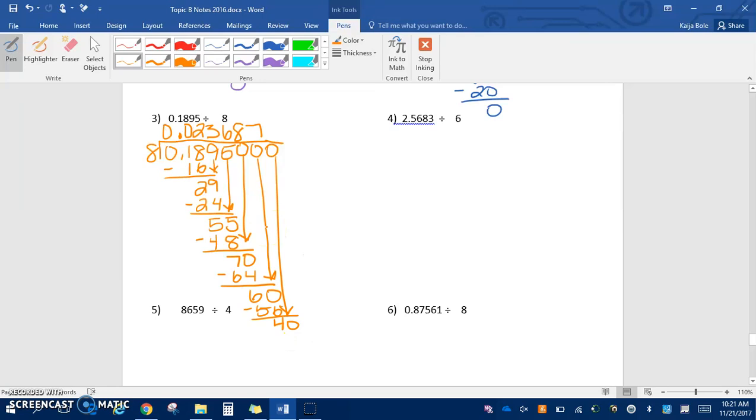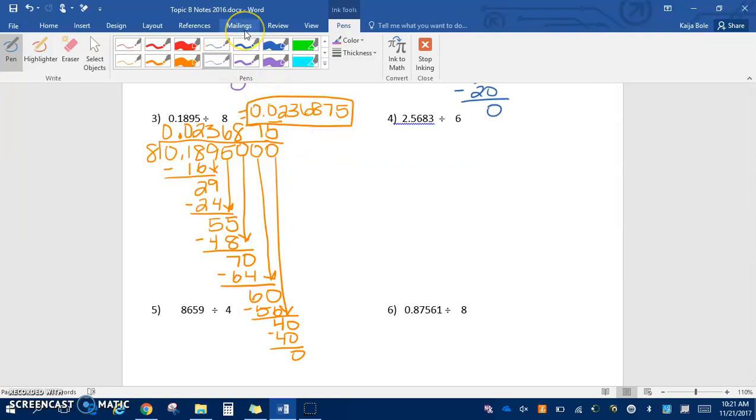And now we sigh finally with relief because 5 whole groups of 8 go into 40. We subtract 40 and we are left with 0, so we are done. Our answer would be 0.0236875. Sometimes you just have to stick with it and you'll see the end eventually.